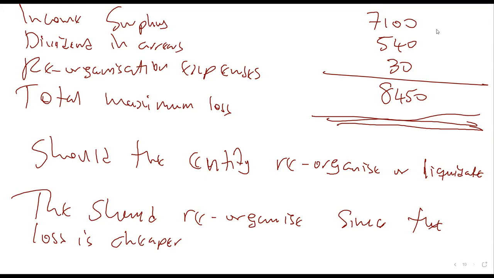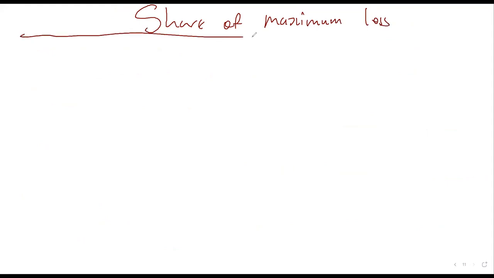So we've done 2 steps out of 6. And these are the critical ones. The rest of the 4, we'll finish right now. Step 3 is share of maximum loss. From here going is discretional. So here we have to share the maximum loss, discretional.